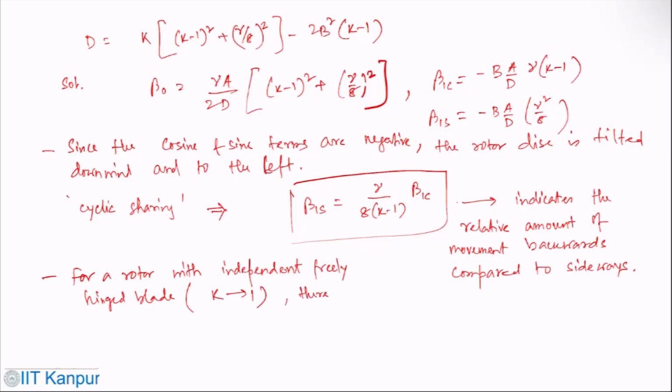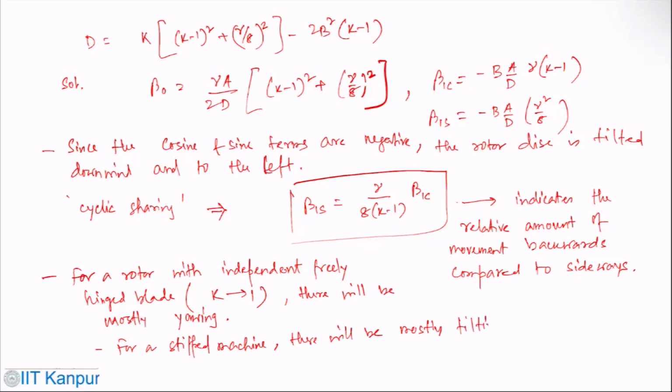So there will be mostly yawing. Okay. Similarly, for a tipped machine, there would be mostly tilting. This can also be considered in terms of phase lag.